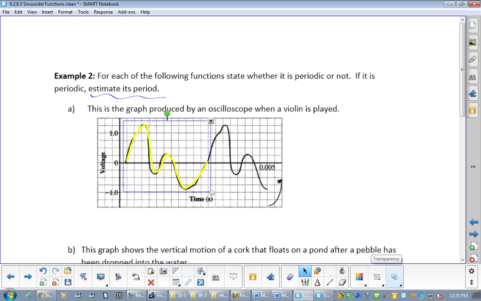So if it is, okay, it definitely is periodic. Oh, but it doesn't mean it stopped. It looked like it fell down here, actually. It was just a bad drawing, okay? So draw that in. Pretend that was there. Okay, now, here's the other question: what would be the period?